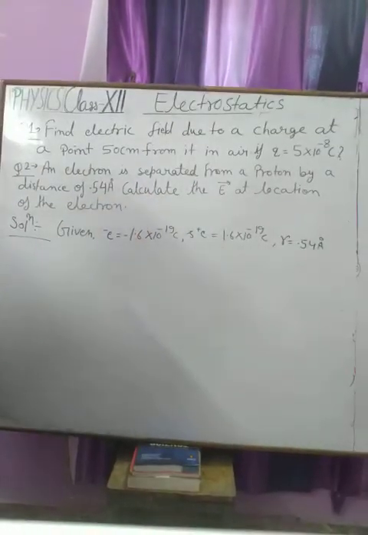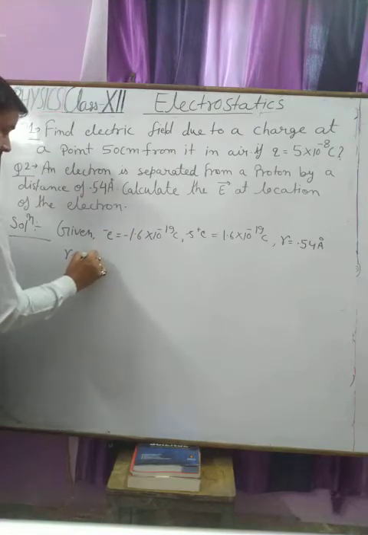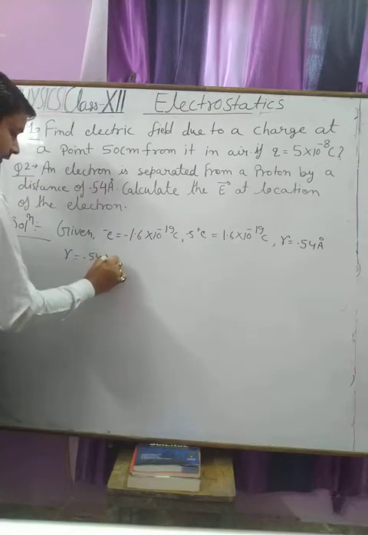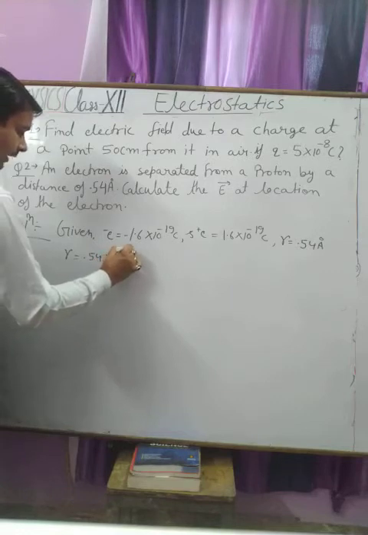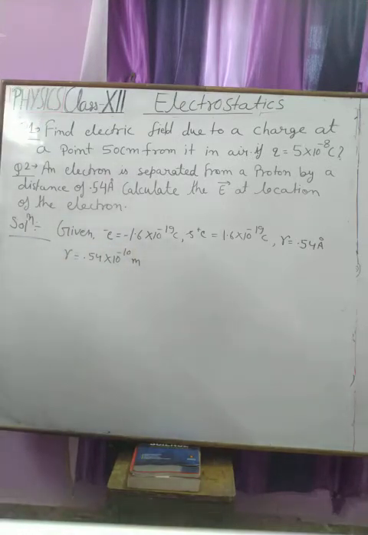We can resolve this value, that is r is equal to 0.54 into 10 to the power minus 10 meter, and the distance between electron and proton is this.